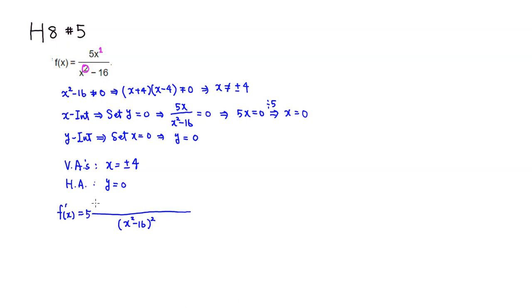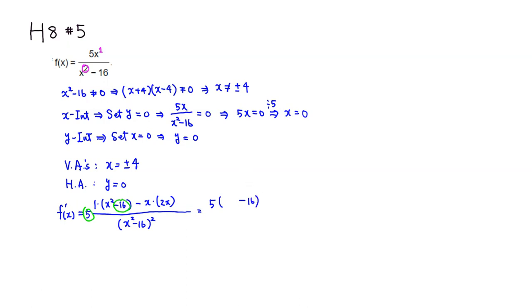The derivative of x is 1 times the denominator, x squared minus 16, minus the top, x, times the derivative of the bottom, which is 2x. If you clean it up, you have 5 on top, and then you have a minus 16.